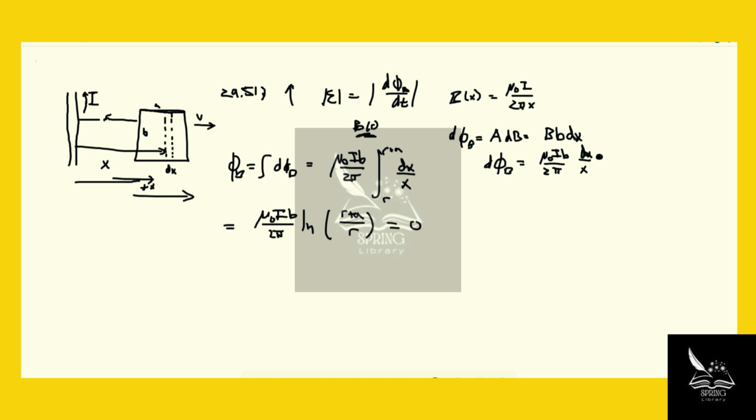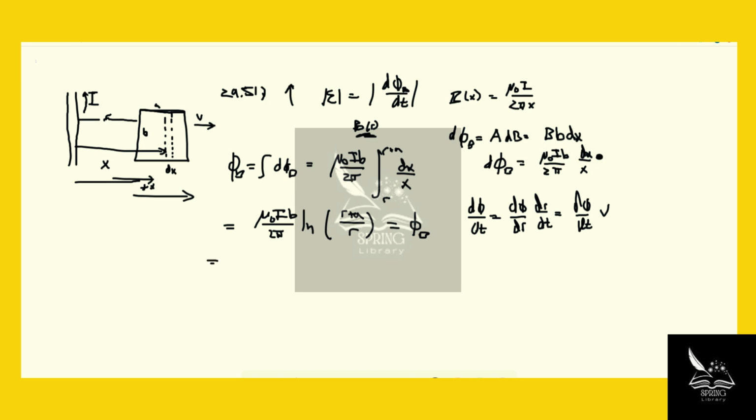So this is what we have for magnetic flux, but for Faraday's law, we need the time derivative of this. So we have to figure out what this is. Doing the chain rule, this is the same thing as the r derivative of the flux times the speed.